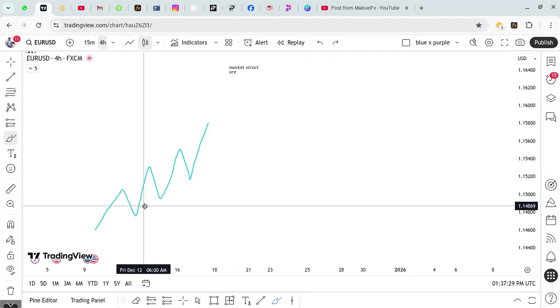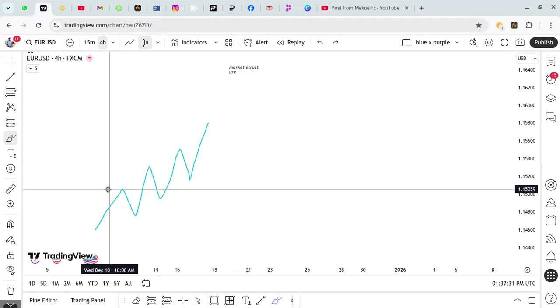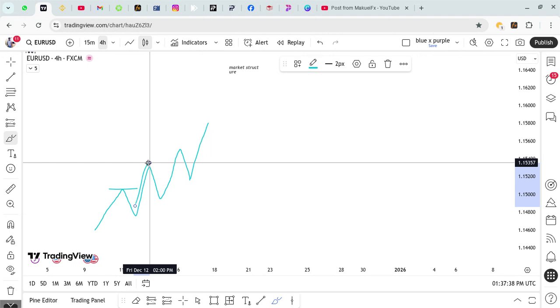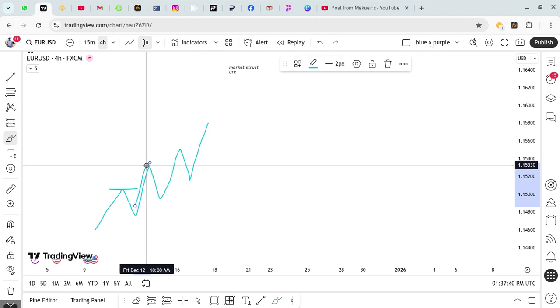Another way to identify this is by marking out the highs and waiting for the market to break them. As the market breaks them, that identifies that the market is continuing in a bullish direction, and what we should be doing is anticipating more upward potential to come in.